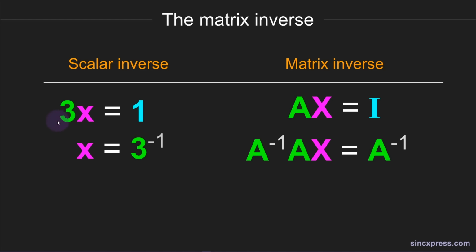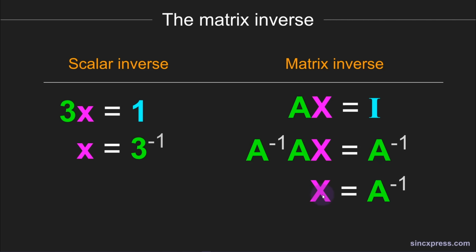So that's going to look like this. We have the same concept as here: A to the minus 1 times A. These will cancel out, just like 3 times 3 to the minus 1 cancels out. This leaves us with the identity matrix over here, and then we have the identity matrix times A to the minus 1. Again, we can just drop the identity matrix because that doesn't change this at all.